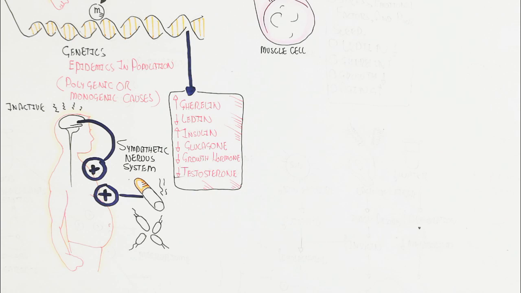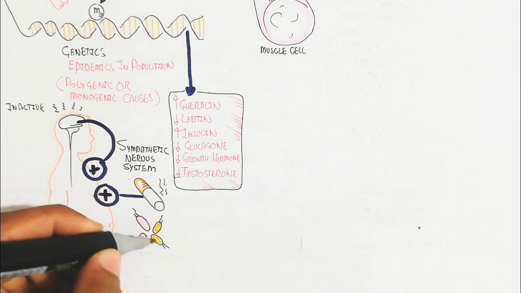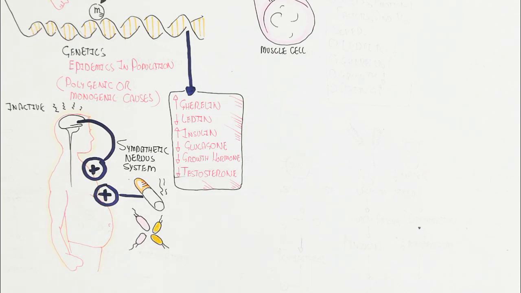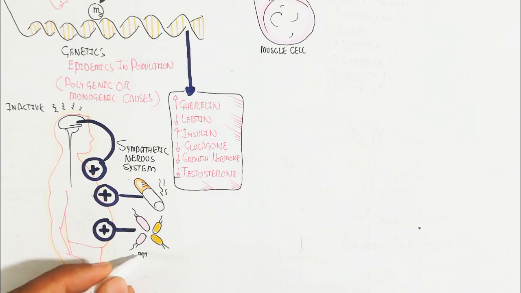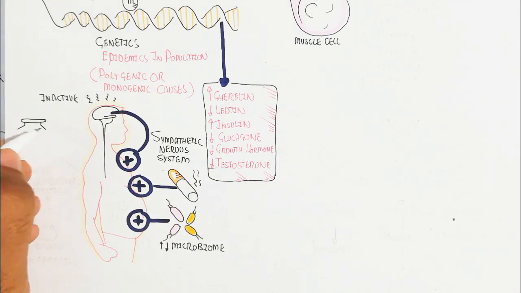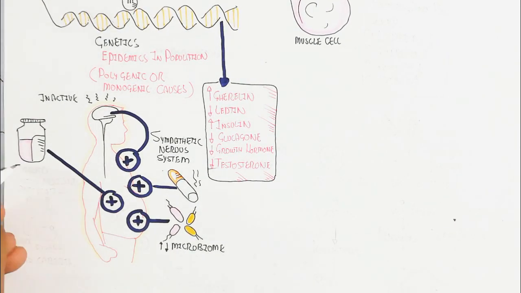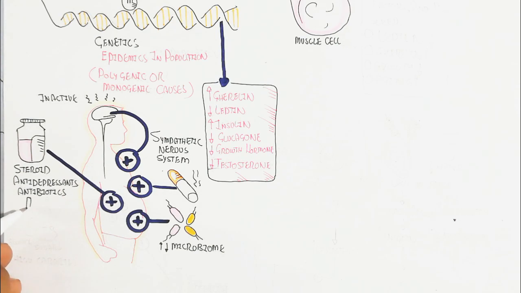On the other hand, smoking can trigger obesity, and microbiome dysregulation also leads to obesity, as does lack of exercise. Steroids, antidepressants and antibiotics lead to dysfunction of the physiology of the body, which leads to obesity.